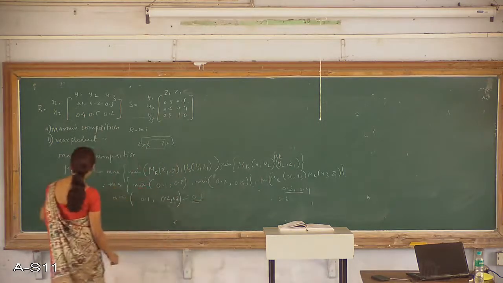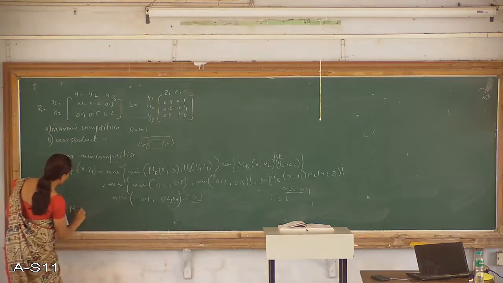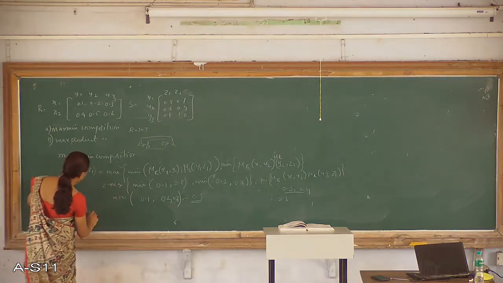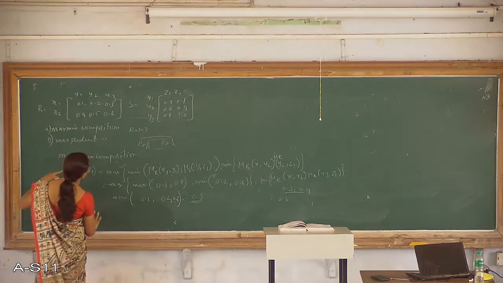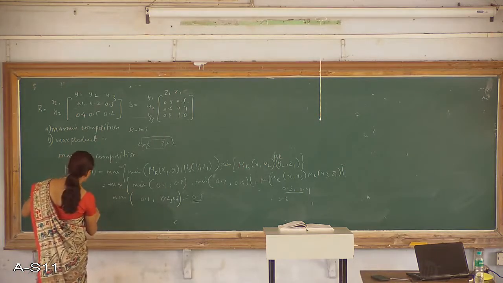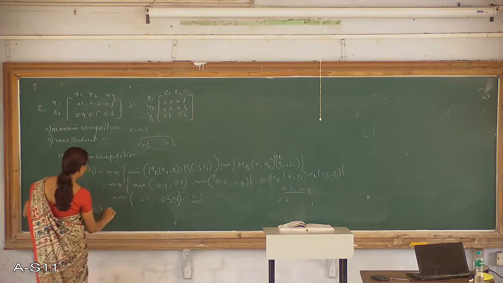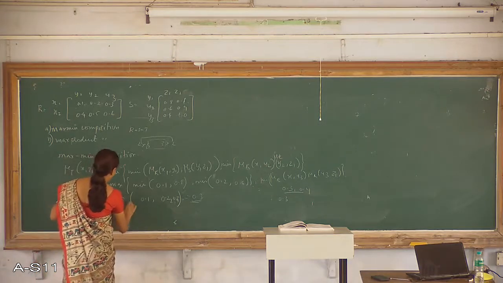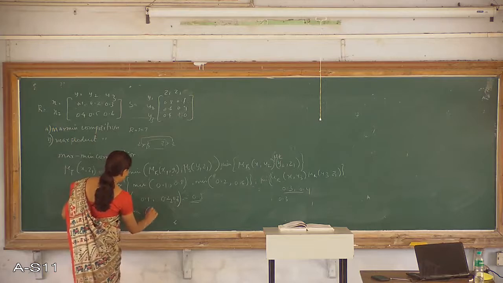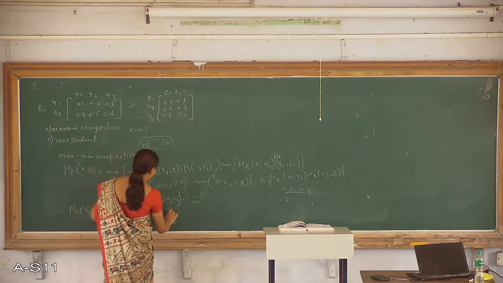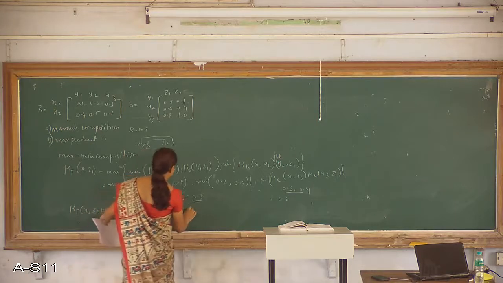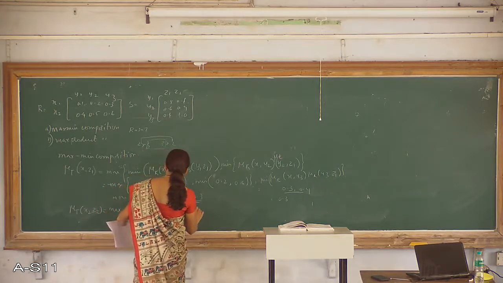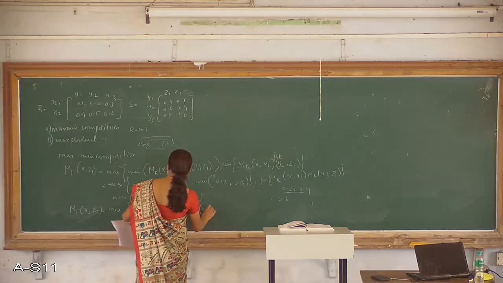On similar lines, now if I want to go for mu T of x1 z2, it will be max of minimum of mu R of x1 y1 comma mu R of y1 z2.